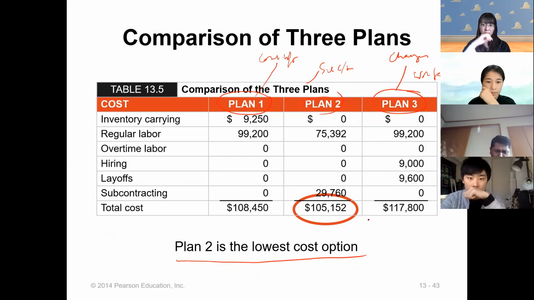Of course, if you do not want to follow plan 2, it's still okay. You can stick to plan 1. If the company says 3,000 ringgit is negligible, then they can decide on the constant workforce to reduce our headache.